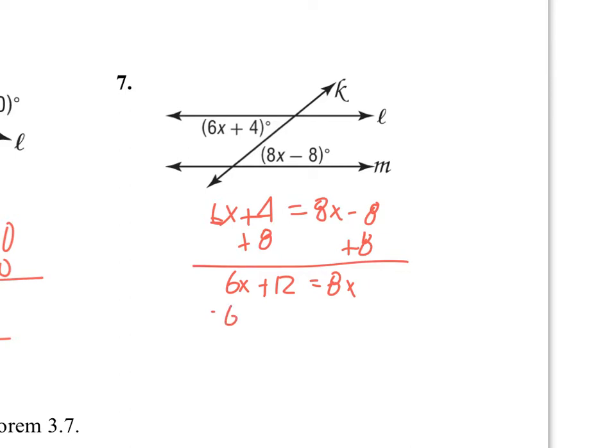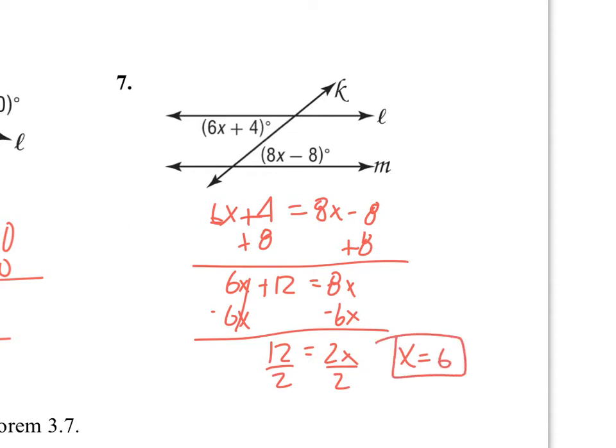Then I'd subtract 6x from both sides, and we would get that 12 is equal to 2x. Divide by 2, and x is equal to 6. That is the value for x that would make these two angle measures congruent, which, since those are alternate interior angles, would make L and M parallel. So I'm going to draw in those little symbols to show that those are parallel.